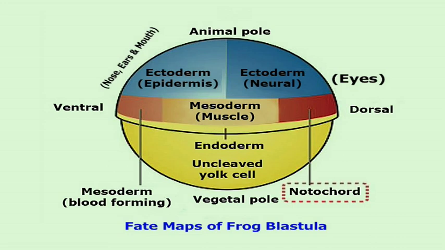An intermediate crescent area of grey color is the marginal zone of prospective notochord and mesoderm around the equator of the blastula. The material for notochord occupies a large area on the dorsal side of the blastula. Beneath the notochordal area and nearer to the vegetal pole is a narrow strip of precaudal plate.